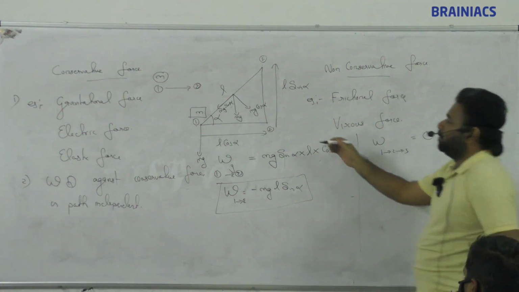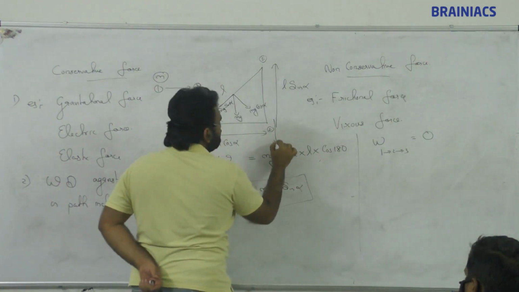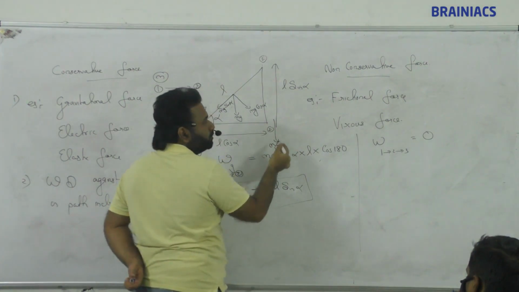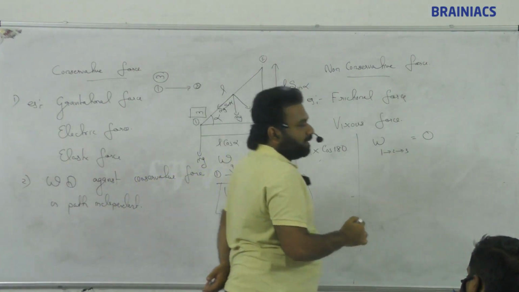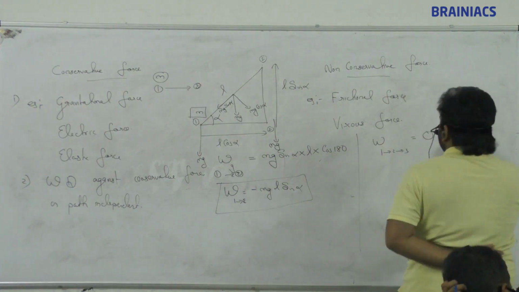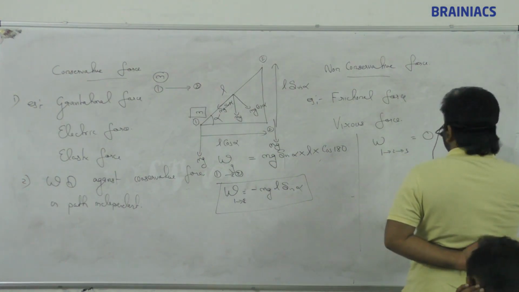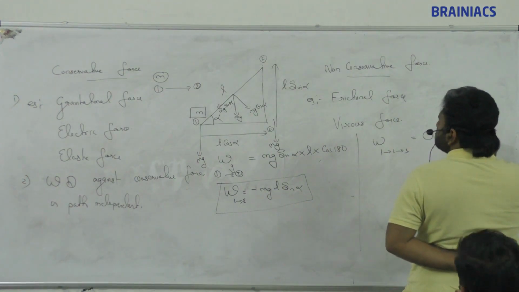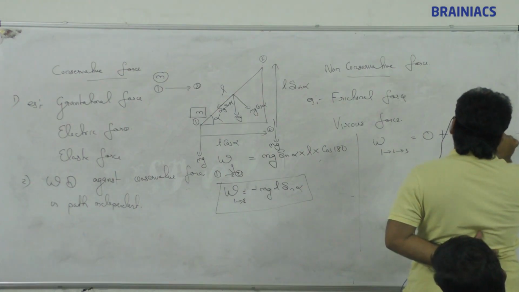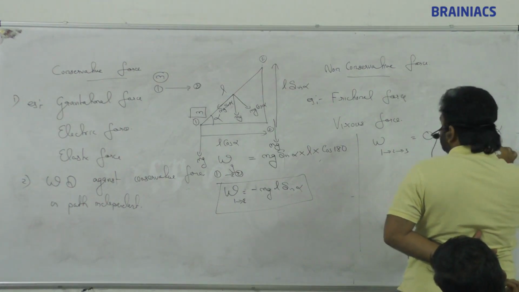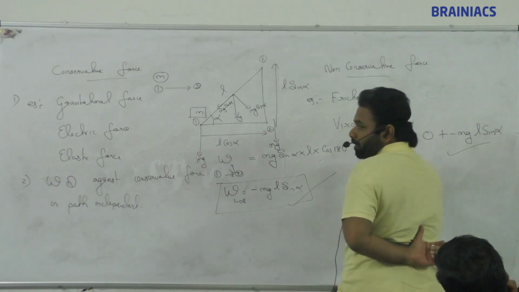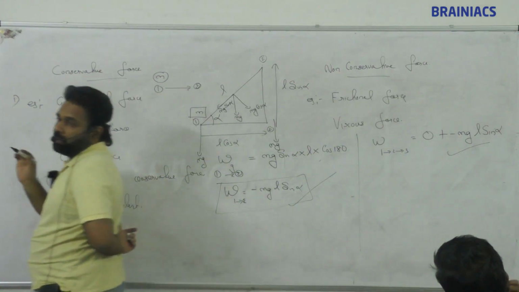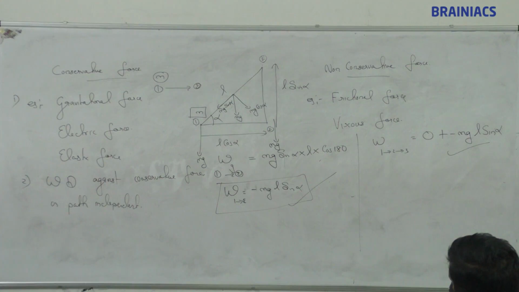Now here mg is acting in this direction, L sin alpha is the displacement in that, so minus mg L sin alpha. What about this one and this one? Same. So work done by a conservative force will be equal whatever path we take.